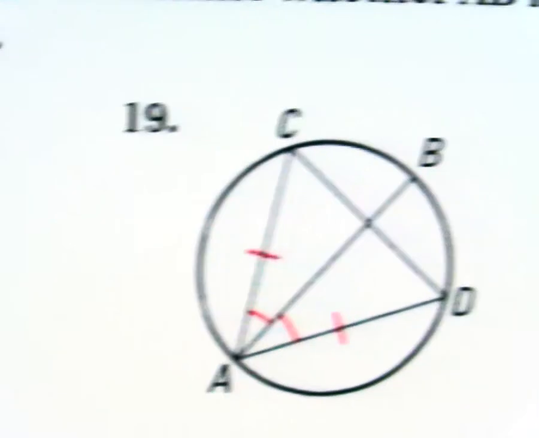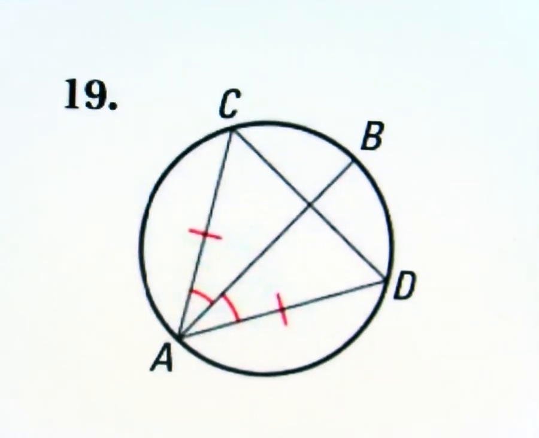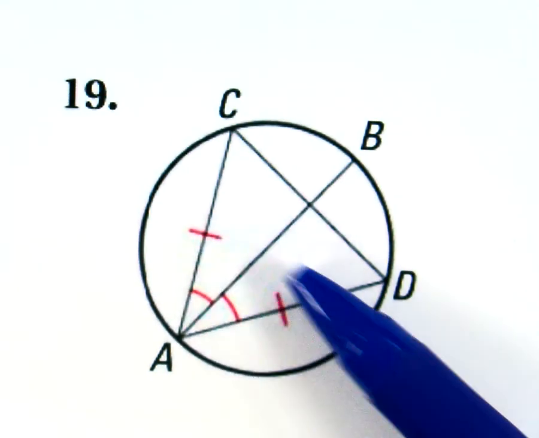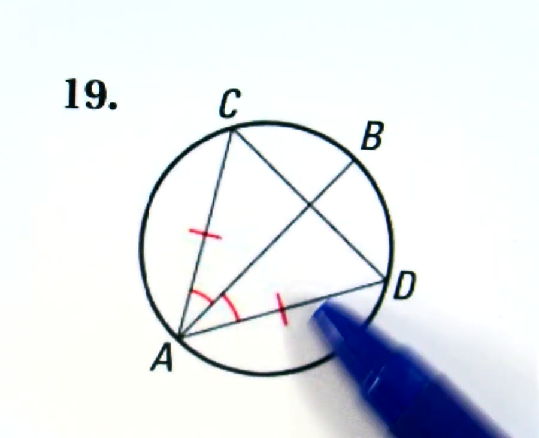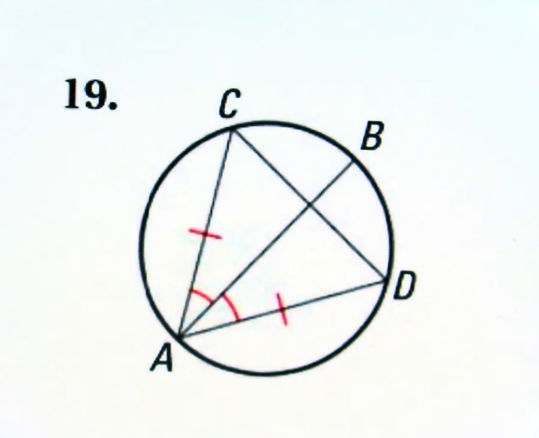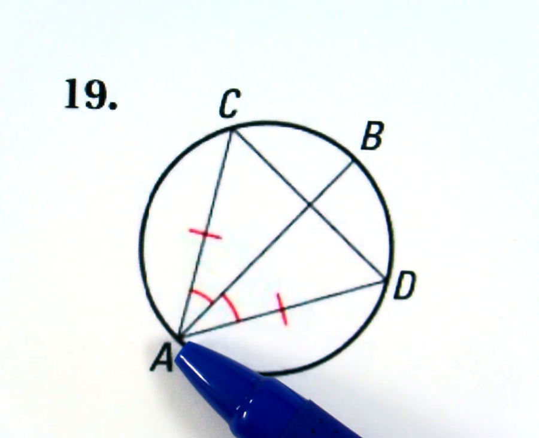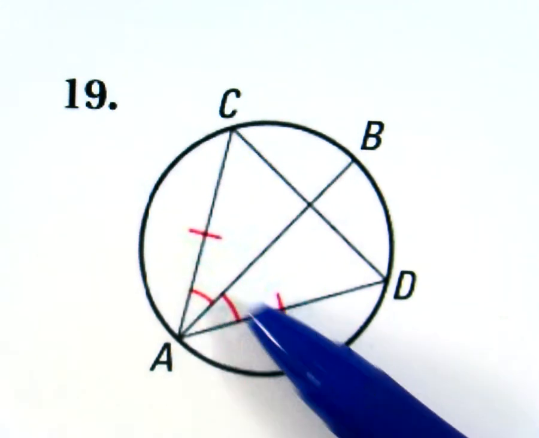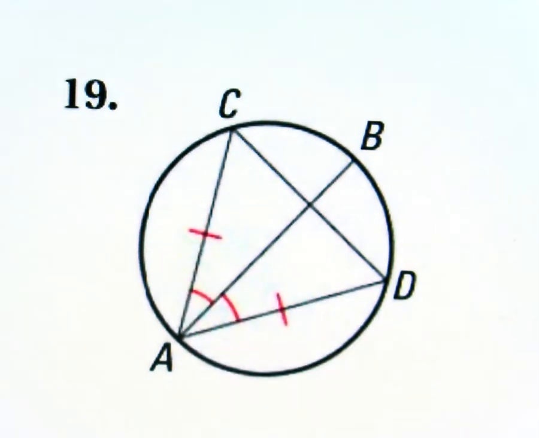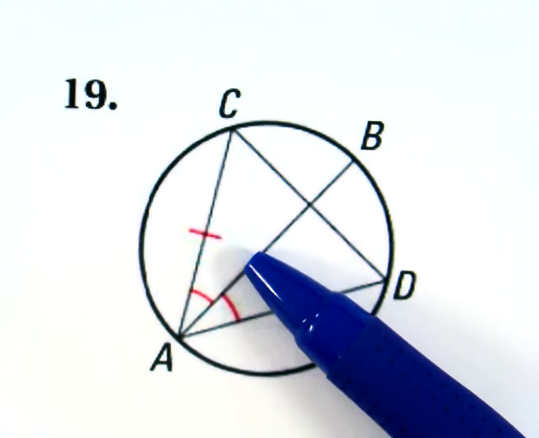What about this one? Give it a look. Can you say that AB is a diameter? You can. How is that? These two triangles above and below AB are congruent. Why? Well, they share a side, they have congruent angles, and the other sides are congruent. So that's side, angle, side.